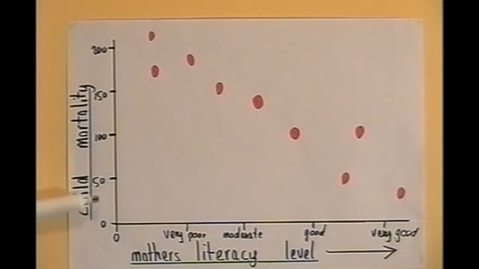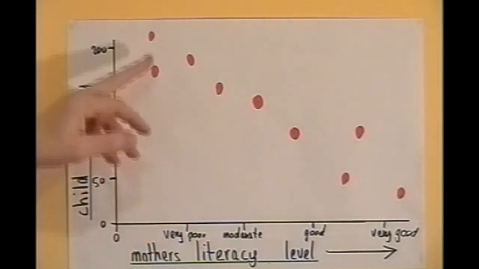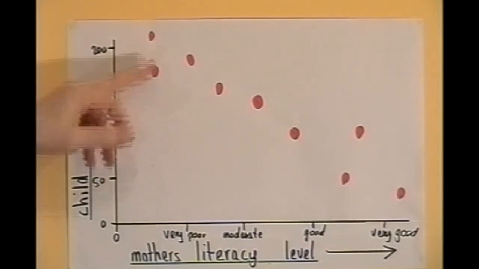And here we've got child mortality. This would probably be measured in deaths per 1,000 births before the age of 4 or 5. And what we see here is that in mothers with poor levels of literacy, infant mortality is high.